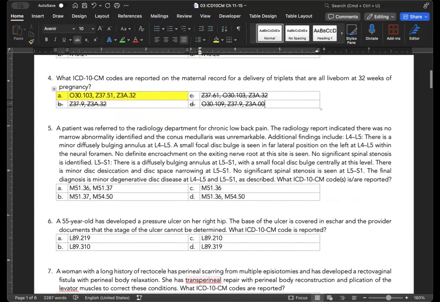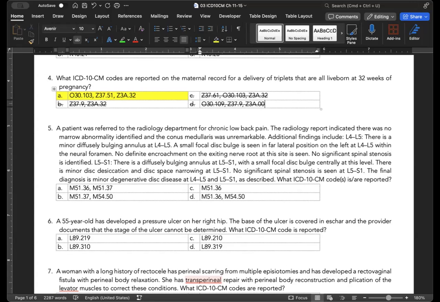Okay, to number 5. A patient was referred to the radiology department for chronic low back pain. The radiology report indicated that there was no marrow abnormality identified and the conus medullaris was unremarkable. Additional findings include L4, L5: there's a minor diffusely bulging annulus at L4, L5. A small focal disc bulge is seen in a far lateral position at the left L4, L5 within the neural foramen.